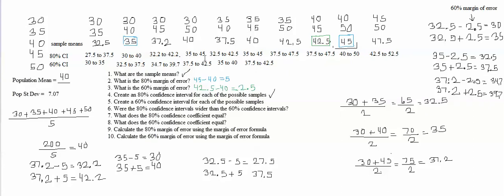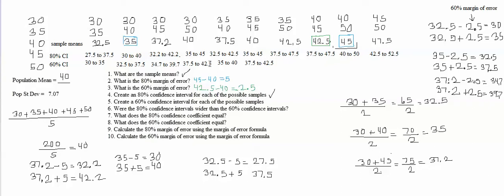What about 32.5 to 37.5? That's only a span of 5 numbers. Also, 35 to 40 is only a span of 5 numbers. So each of the 80% confidence intervals is a span of 10 numbers, and each 60% confidence interval down here in the second row is a span of 5 numbers.